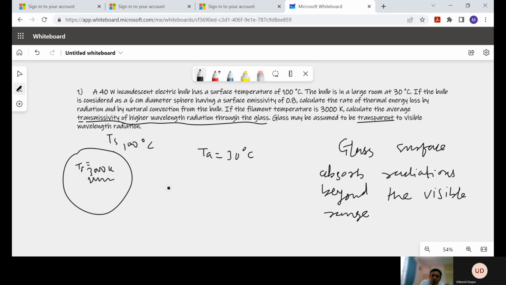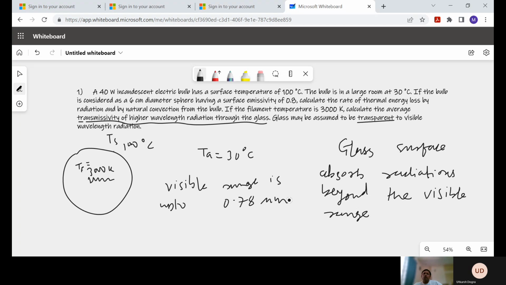Visible range is up to 0.78 micrometer wavelength.